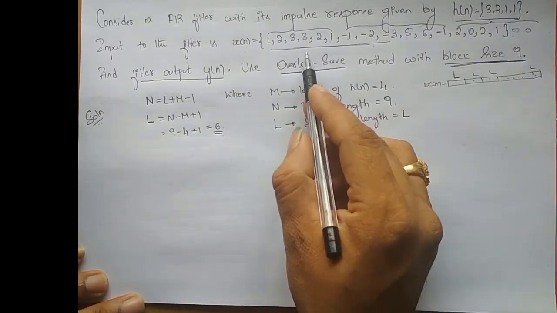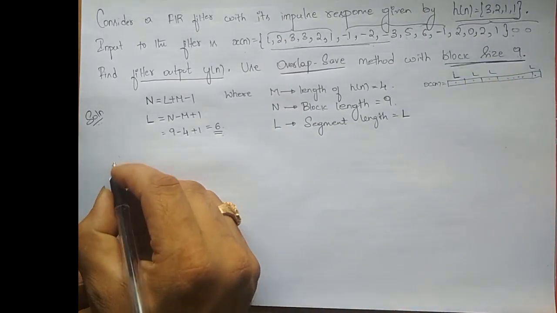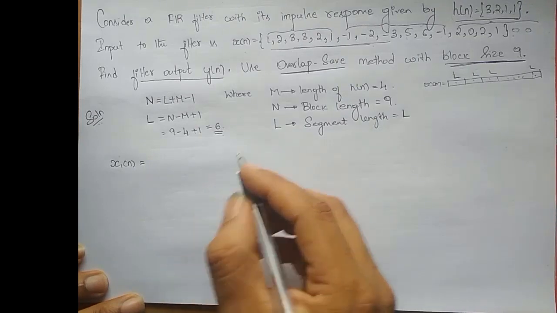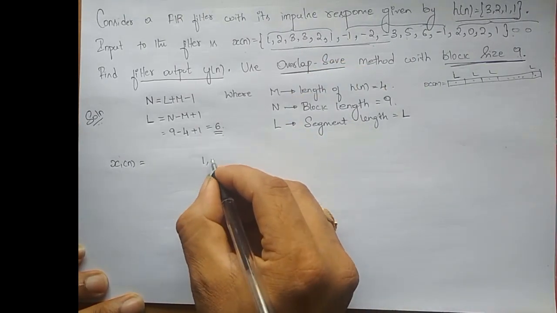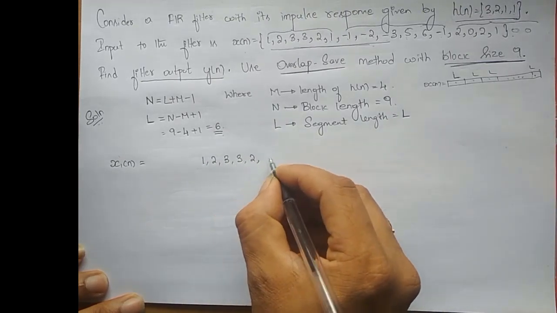Now these segments have to be converted into blocks. What is the first block, x1 of n? The first segment has to be put at the end, which is 1, 2, 3, 3, 2, 1.